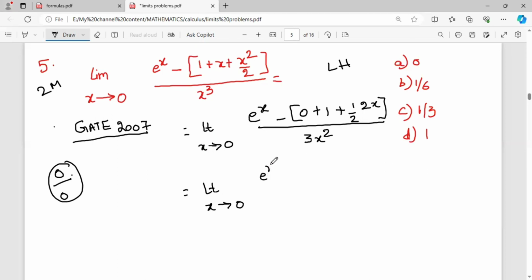E power x differentiation is e power x, minus 0, the x differentiation is 1, and the 2 gets cancelled, by 3x square, whose differentiation is 6x.